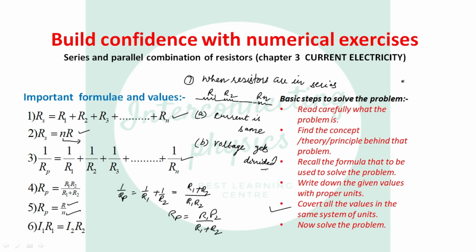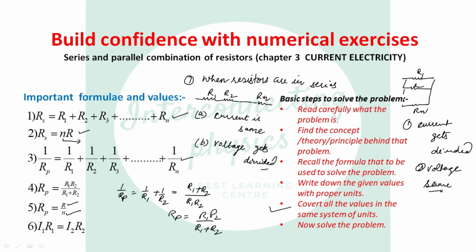And in parallel combination, if a number of resistors are parallel, 1, 2, up to N, then number one, current gets divided. Number two, voltage remains the same.